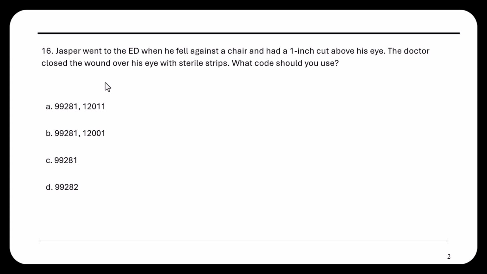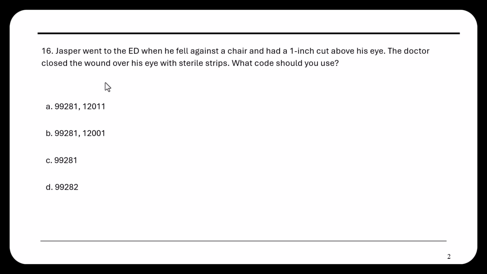But if you read the information in the beginning of that section with the guidelines, you're going to find that if an actual closure was done with steri-strips or sterile strips and not any kind of stitching or staples, you don't include a closure code. That gets included within the EM code.